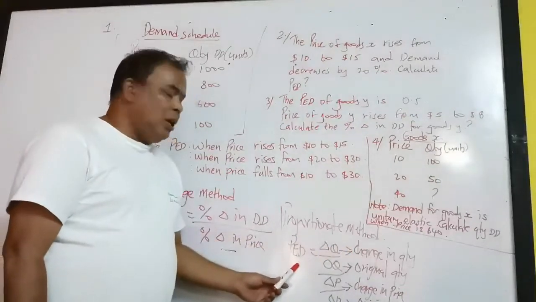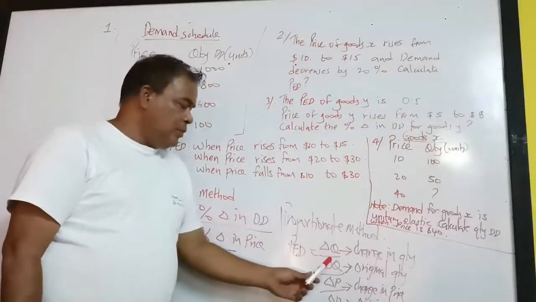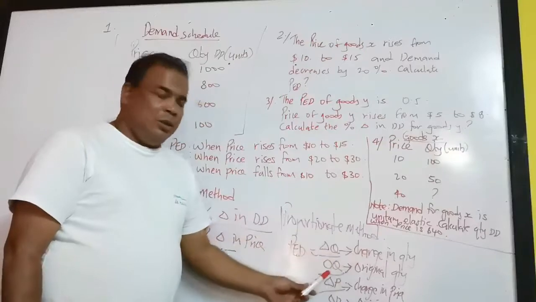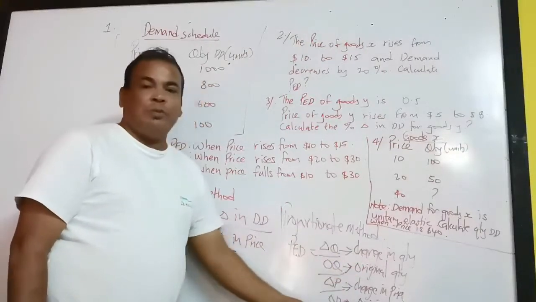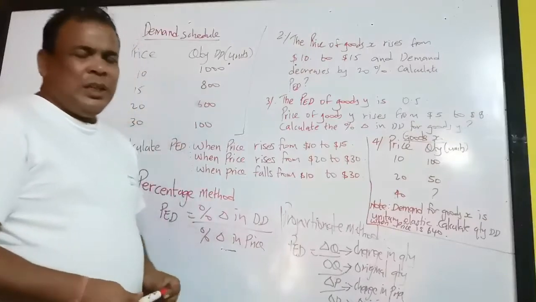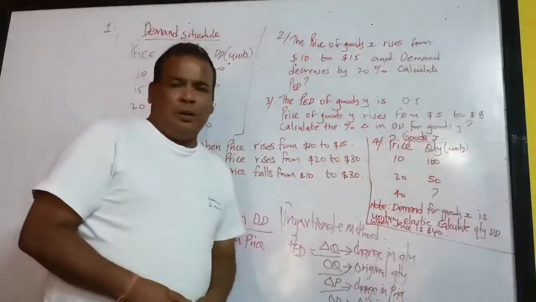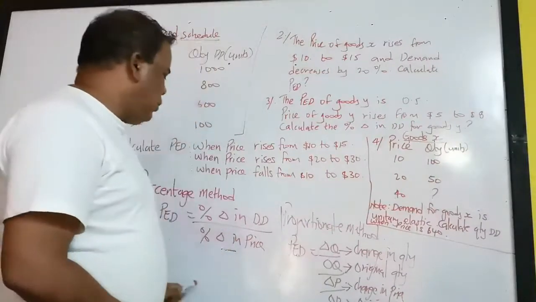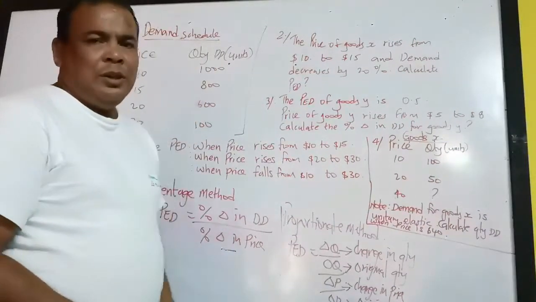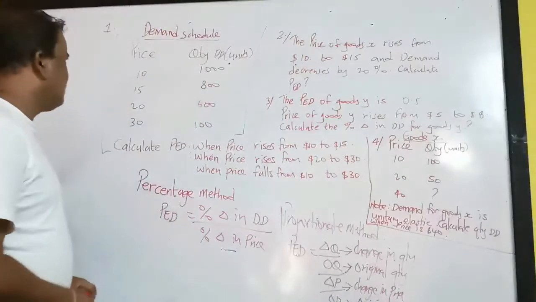Here we have this formula: price elasticity of demand is equal to change in quantity over original quantity, divided by change in price over original price. It depends on the question we are doing whether we use the first formula or the second one.